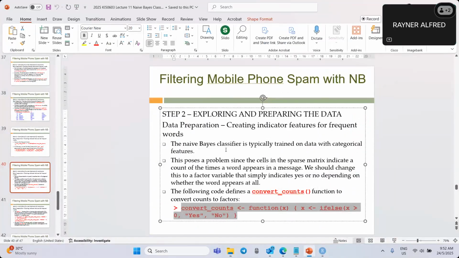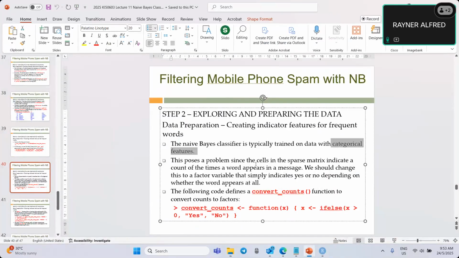Since the naive Bayes is highly dependent on counting, we should change this. The naive Bayes classifier is typically trained on data with categorical features, not numerical values.